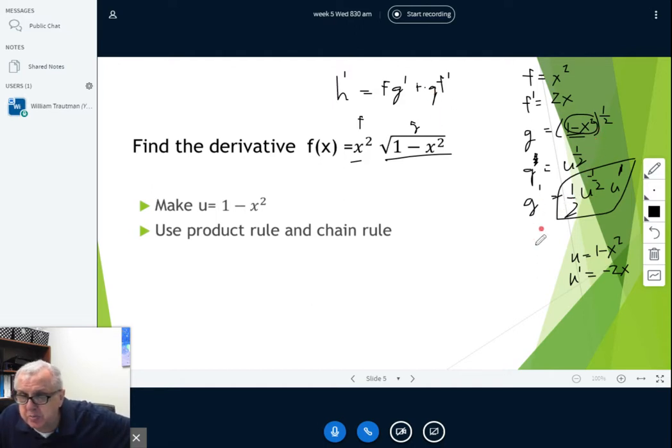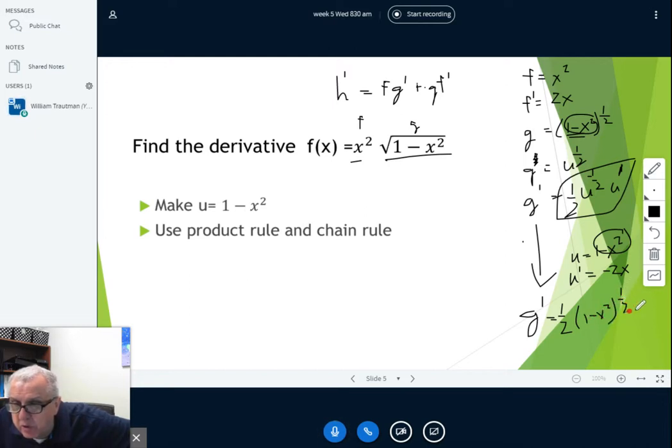So g prime actually equals, I'm going to bring it down here, the derivative of g then equals 1/2 u to the negative 1/2 power, and u, I stated u was this. So this is 1 minus x squared to the negative 1/2 power, and then u prime, and we said u prime was a negative 2x.